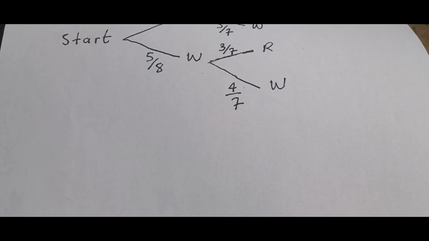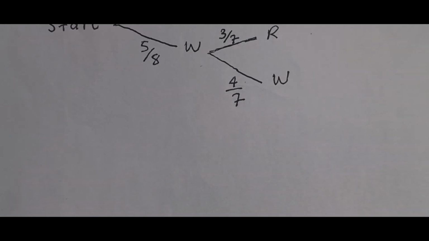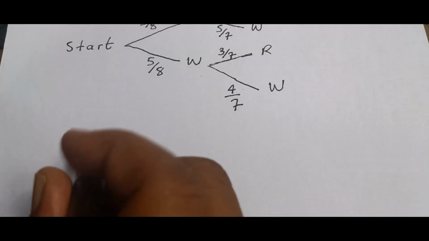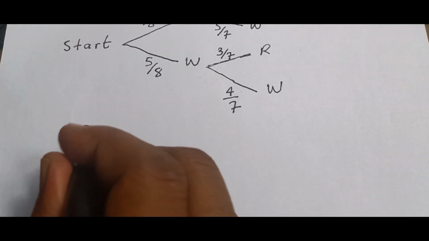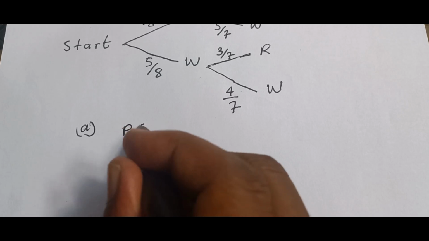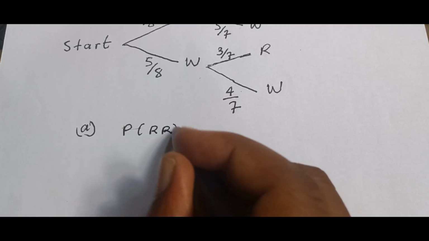In our case here, we are told to find the probability that both balls are red.